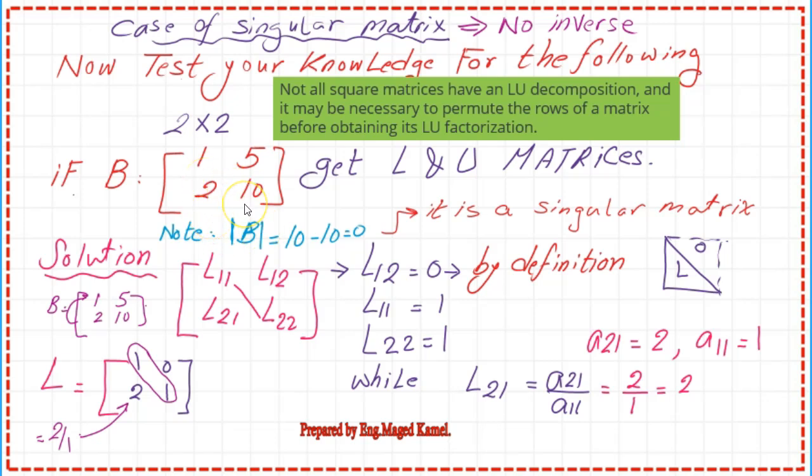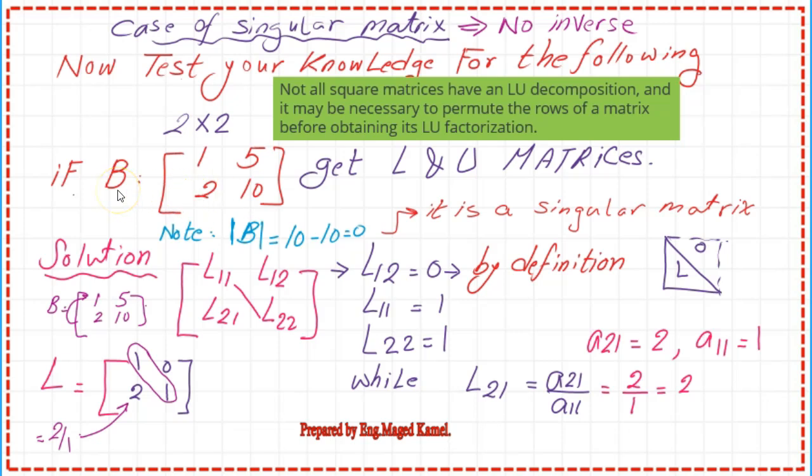If we permute here, it will not make any difference, but maybe in the case where a11 equals 0, this is a partial pivoting where we permute the rows, but we will discuss that later on.